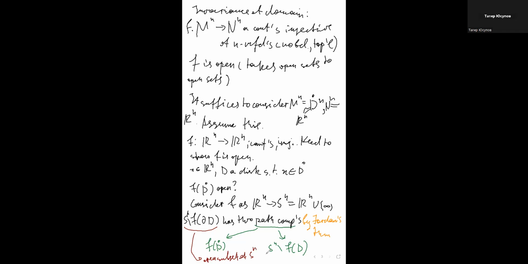And so the path components are open. Why? Because Sn is a manifold, and as such, it is locally path connected, which implies that all path components are open.